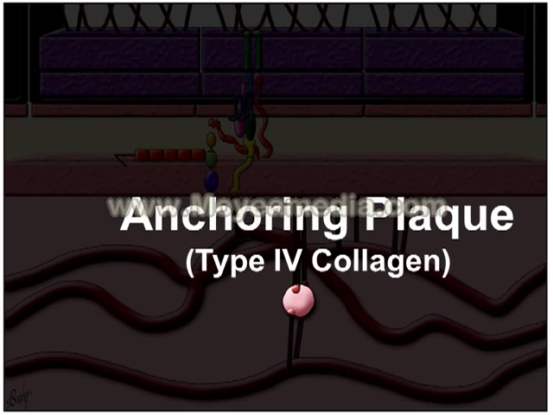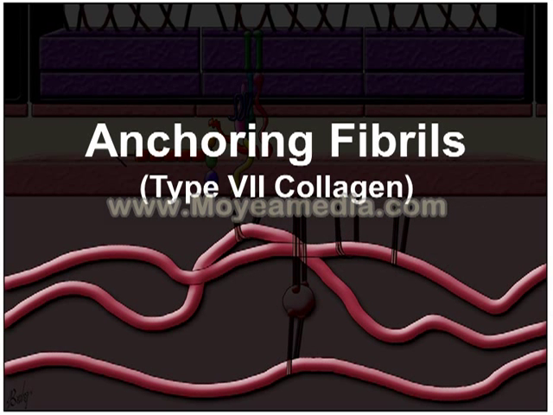The anchoring plaque includes type 4 collagen. And then the anchoring fibrils, which are type 7 collagen. The type 7 collagen is the key antigen for both EBA and bullous lupus.